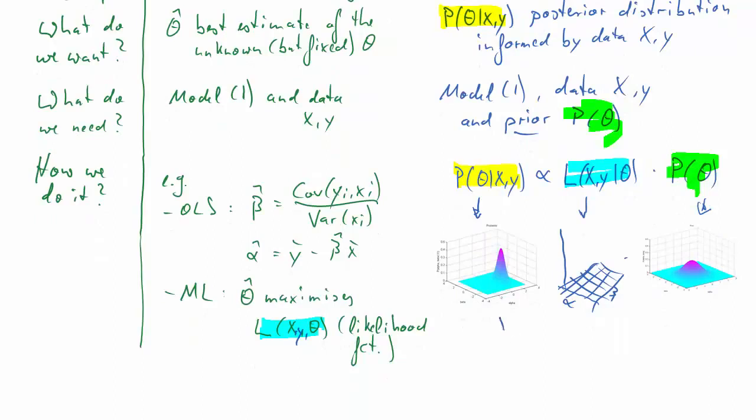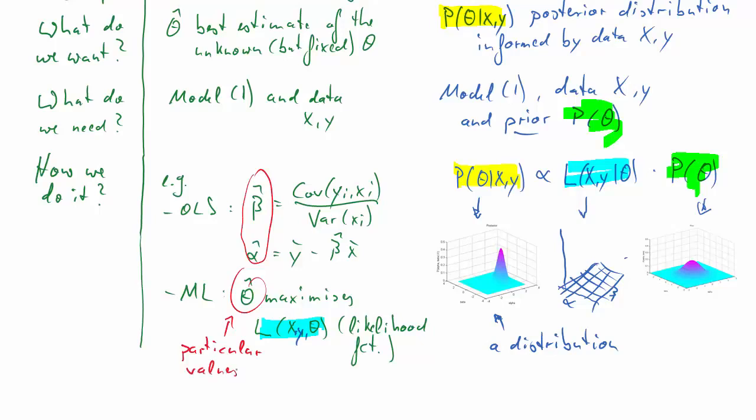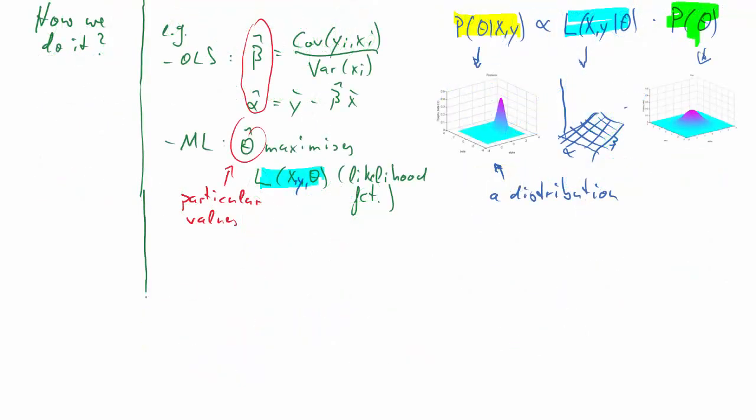Here it's worth reflecting for a moment. The result of a Bayesian analysis is a distribution, and this distribution will tell us which combinations of alpha and beta we find most credible. A frequentist, however, calculated just particular values for alpha and beta, or as they are collected in theta. So that's very, very different.